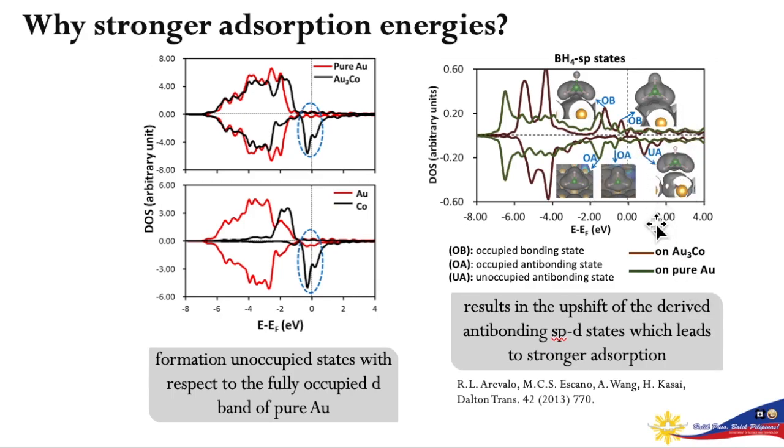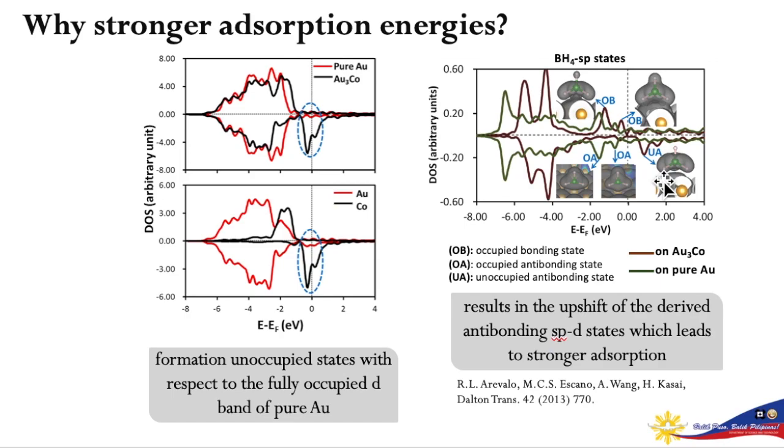For the case of pure gold, we see here that the occupied states just below the Fermi level have antibonding characteristics with respect to the adsorption of borohydride. However, for the case of the alloy systems, the occupied states just below the Fermi level have bonding characteristics.